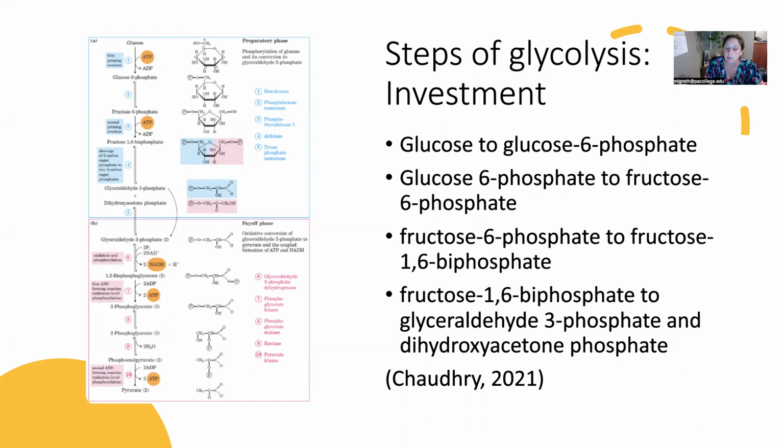And these are converted by fructose biphosphate aldolase. The DHAP is then converted into glyceraldehyde 3-phosphate as well by the triose phosphate isomerase. And each of these molecules now follows the same pathway in the payoff phase. It's just done twice, once with each of those molecules.